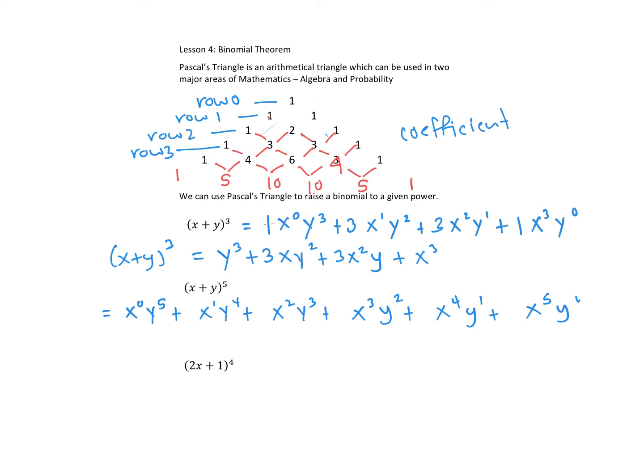So let's double check. X goes 0, 1, 2, 3, 4, 5. Y goes 5, 4, 3, 2, 1, 0. And then we'll put in the coefficients. So it's power 5, so we want row 5, which is this row. So 1, 5, 10, 10, 5, 1 are going to be our coefficients.